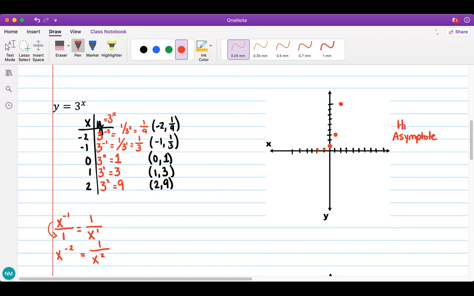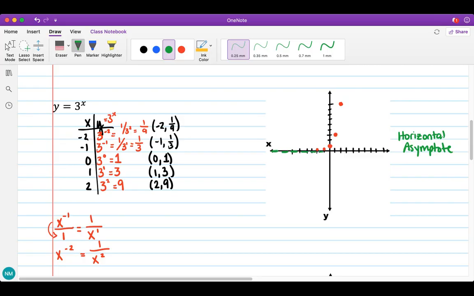A horizontal asymptote. Now, we are not going to deal with horizontal asymptotes other than 0 for right now.